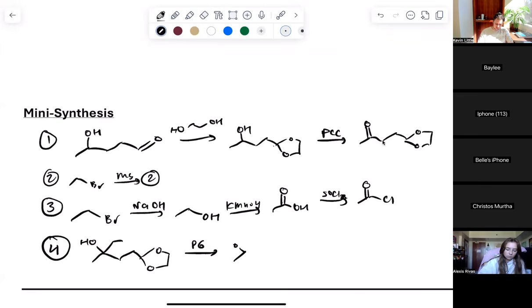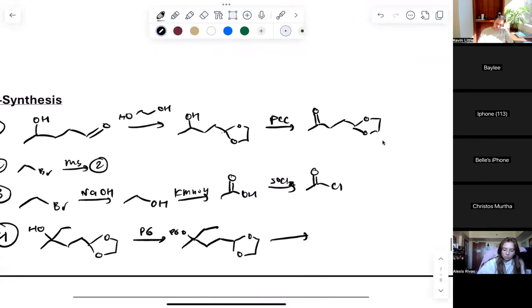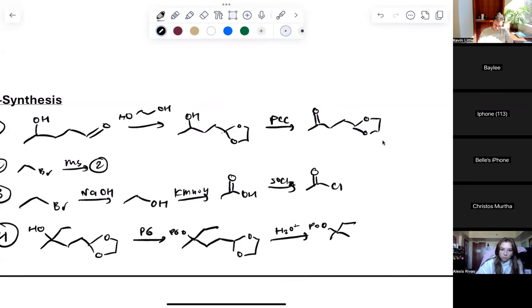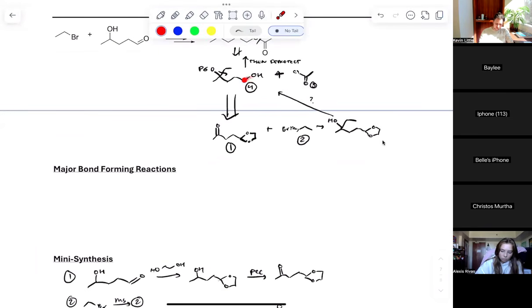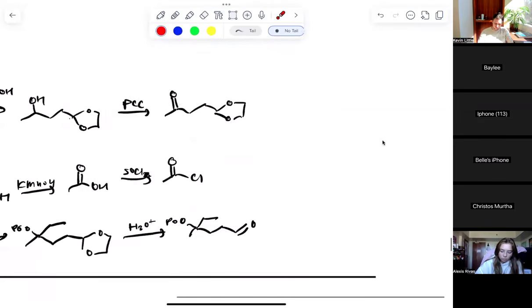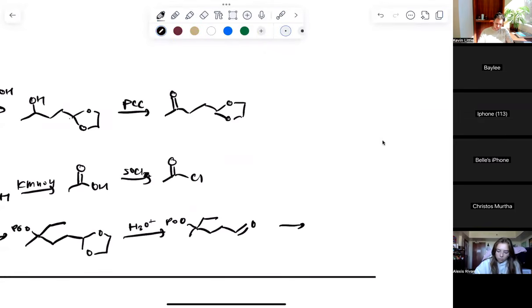I'm going to go ahead and protect this alcohol, and then deprotect this. And then I need to turn that into an alcohol on the end, which we can do using LAH.